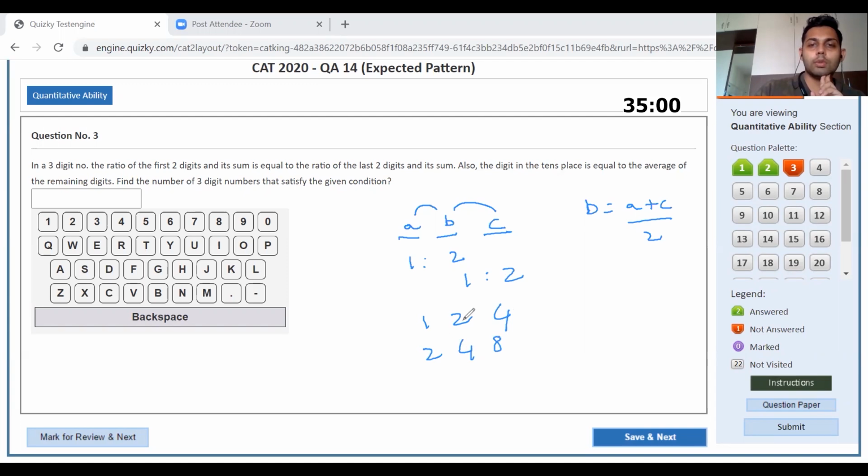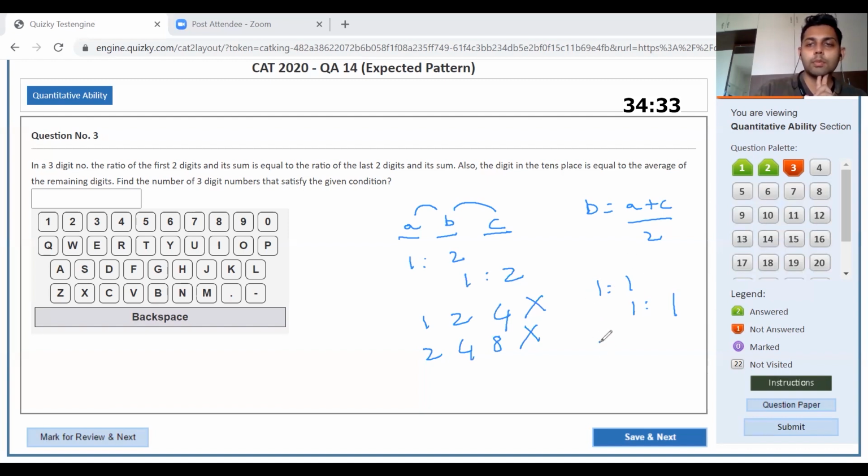But in that case, 2 plus 1, 3. The sums will not be equal, right? Because if this is 1:2 and this is also in 1:2, that means it's 2:4 or 2, 4, 8, 4, 6, 8. So sum is not equal. The only case the sum will be equal is when it is 1:1 and 1:1. Then in that way, this divided by 2 will be the same, and 1 plus 1 plus 1 will be the same.